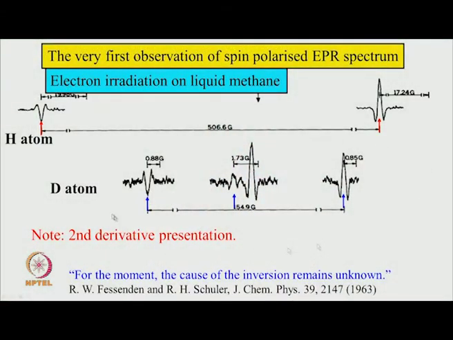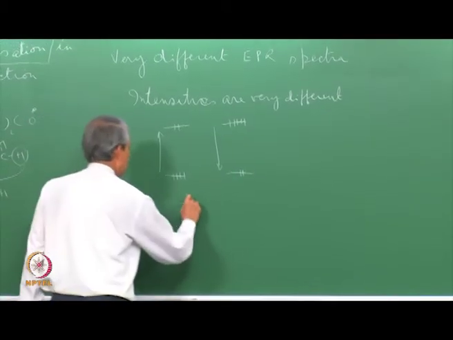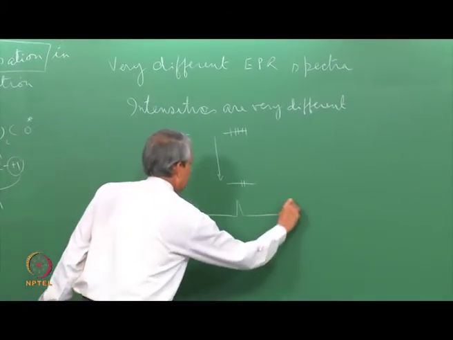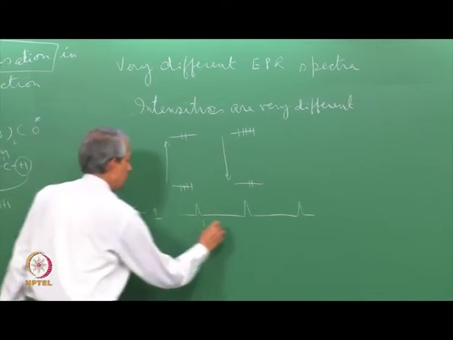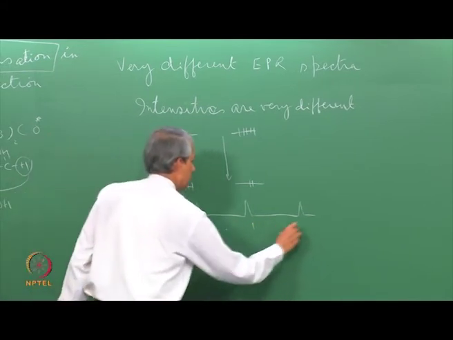They even did the experiment with deuterated methane, so that they could produce deuterium atom, and deuterium atom has a nuclear spin of 1. So, if I equals 1, this should give 3 intense lines of equal intensity with a relative intensity of 1:1:1.